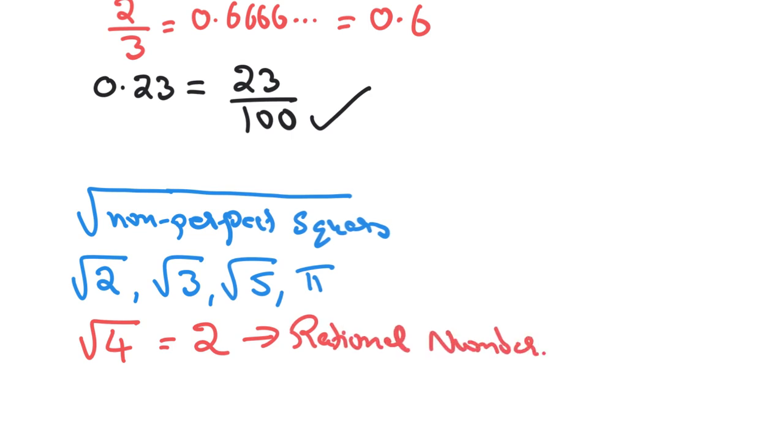So basically, an irrational number is a number that cannot be written in the form p over q, as a fraction where the numerator and the denominator are integers. So in general, the square root of a non-perfect square will always be an irrational number.